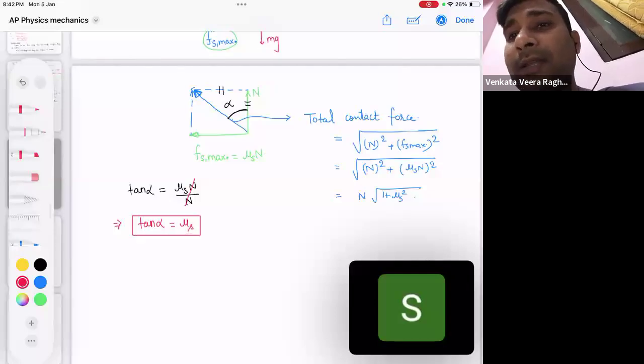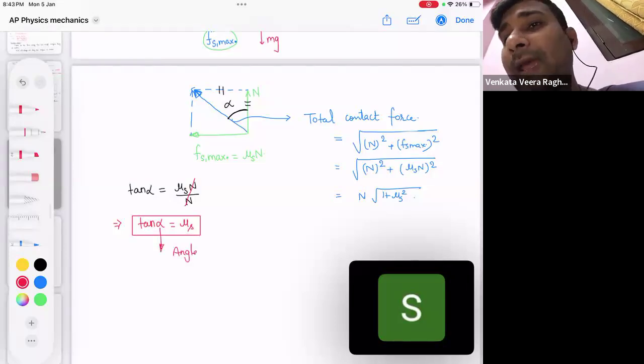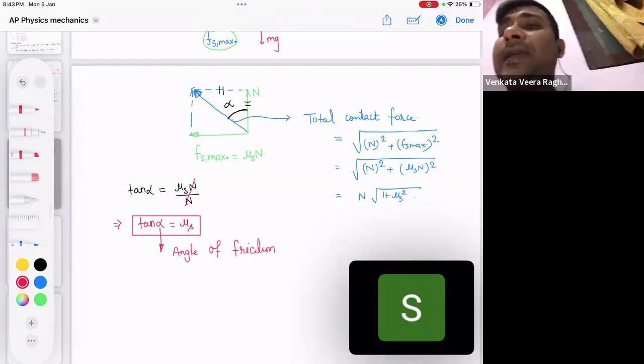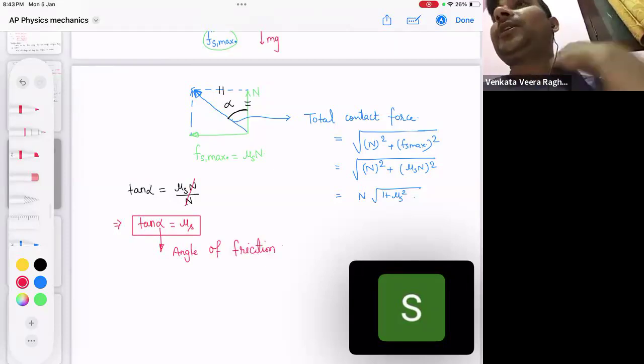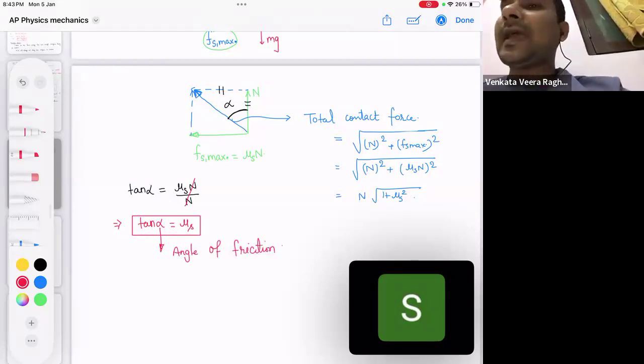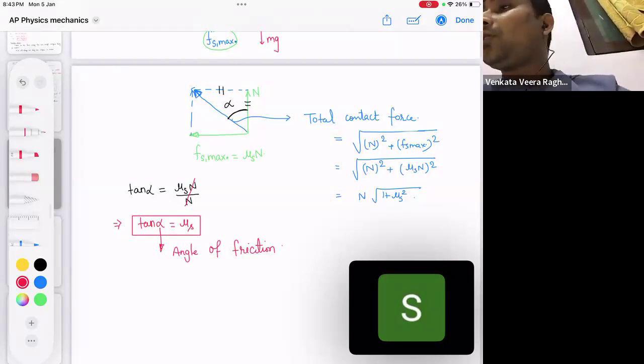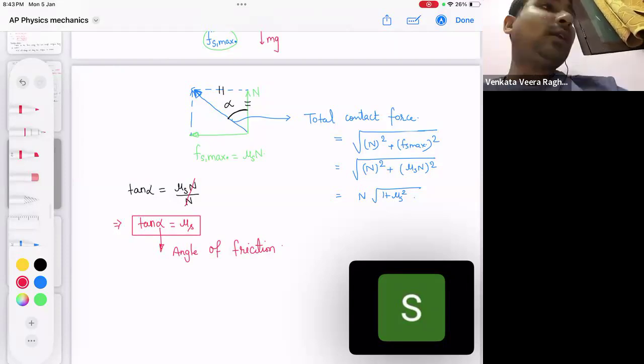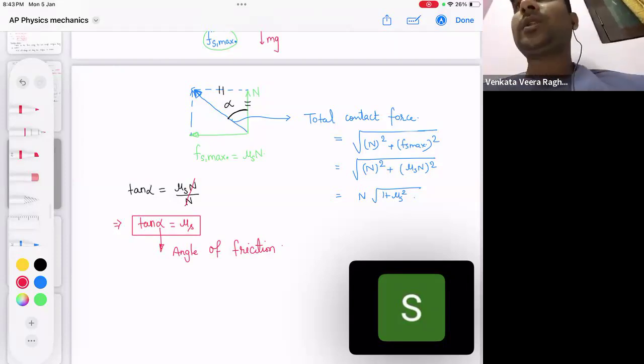And what is this angle alpha called? This angle alpha is called the angle of friction. Understood? This is called the angle of friction. So what is angle of friction? Angle of friction is the angle made by total contact force or resultant contact force with the normal vector.